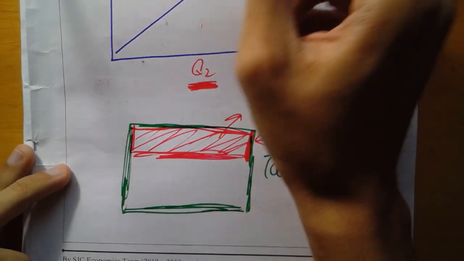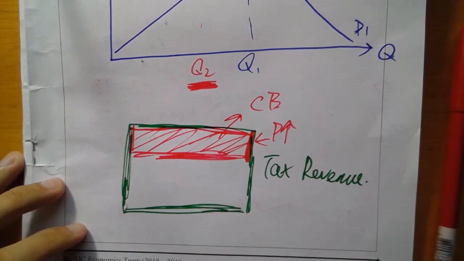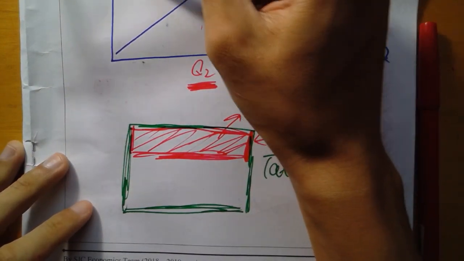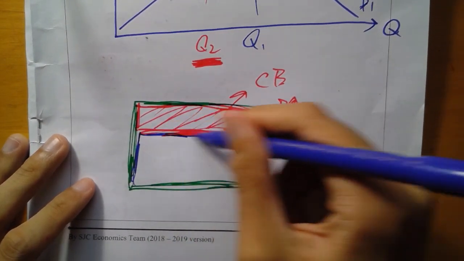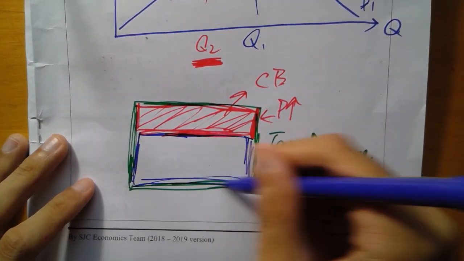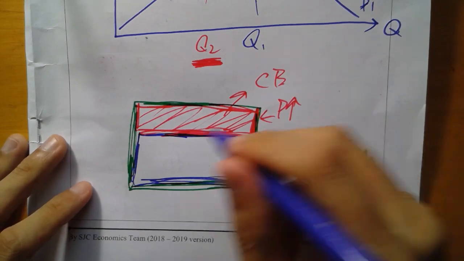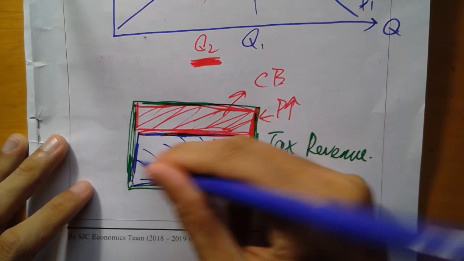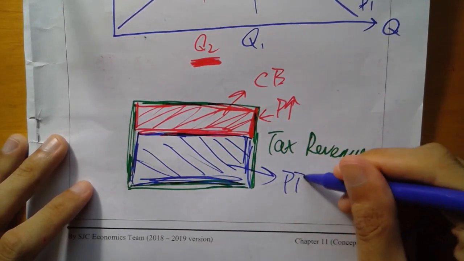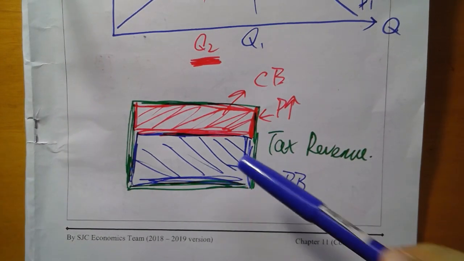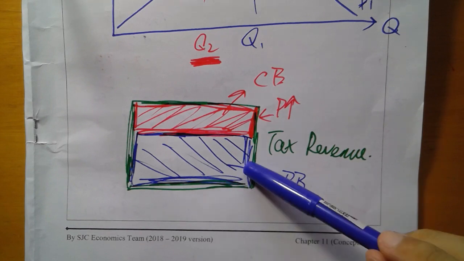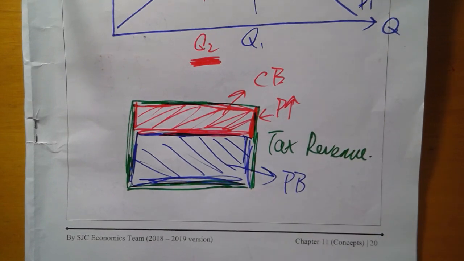Now, the part below is the producer tax burden. The rest of the tax would be borne by the producer. Why? Because they can't shift the tax to the others, so they need to eat it by themselves.